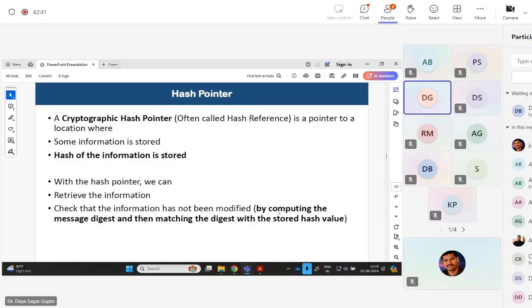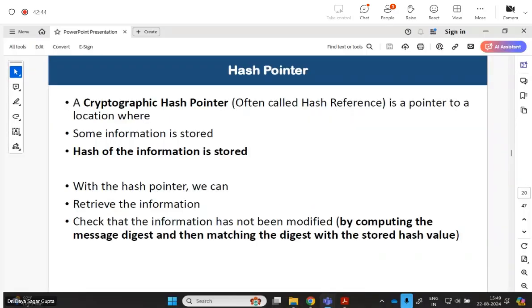Okay. So by computing the message digest, this is called the message digest. If you find the hash function, this is the message digest. By computing the message digest, then matching the digest with the stored hash value, how do we guarantee that in blockchain we cannot change the block? My previous block's message is M, and I have stored HM in the header of the next block, and it is linked.